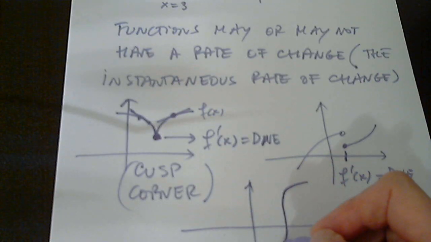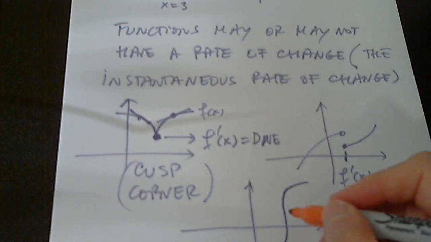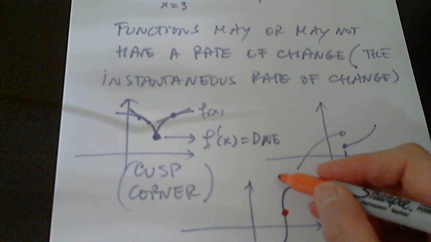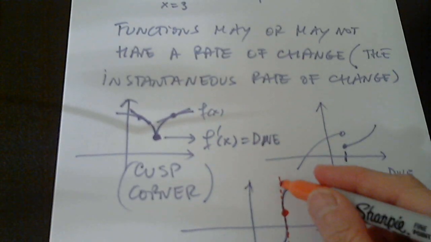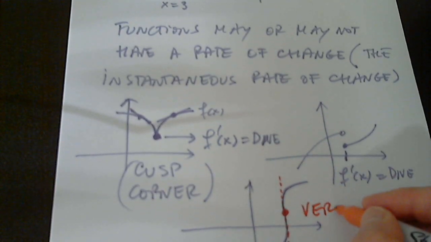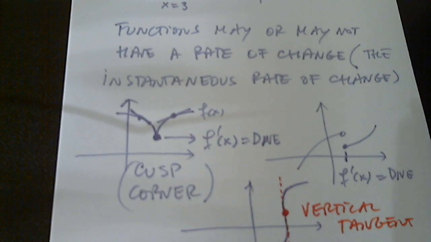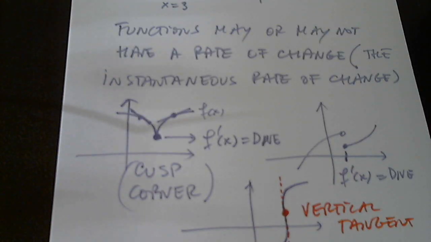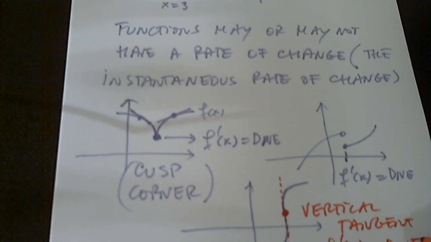At this point, the function does not have a rate of change. It has a vertical tangent. And at a vertical tangent, the function does not have f prime. F prime at this point is DNE.